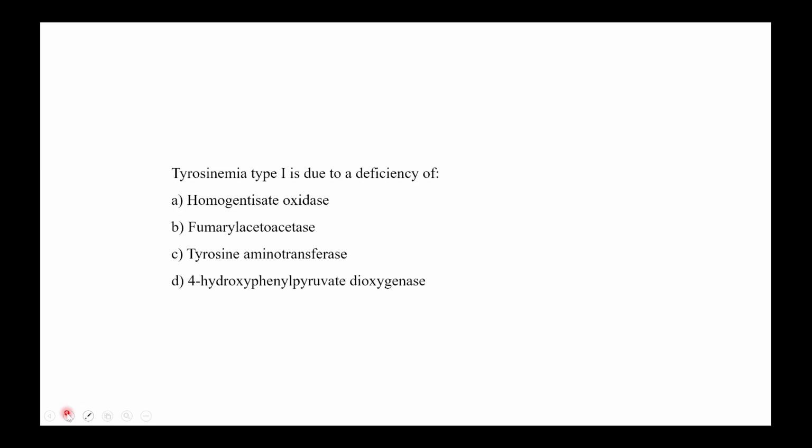Option A, homogentisate oxidase. Option B, fumarate acetoacetate. Option C, tyrosine aminotransferase. And option D, 4-hydroxyphenyl pyruvate dioxygenase.